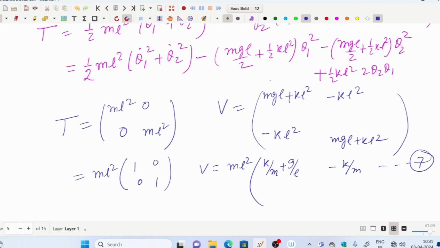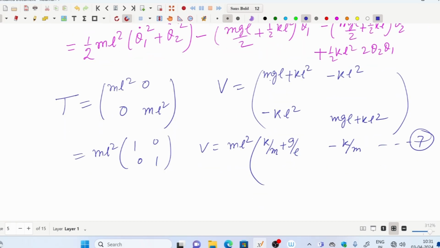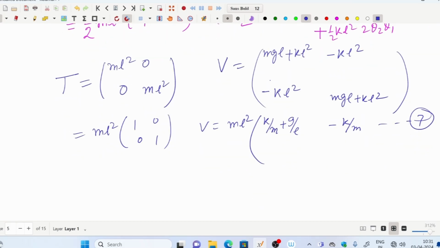I am taking m L square common in both T and V matrices for convenience. And then again minus k by m, and the last entry will be k by m plus g by l. Okay. So this is equation 8.